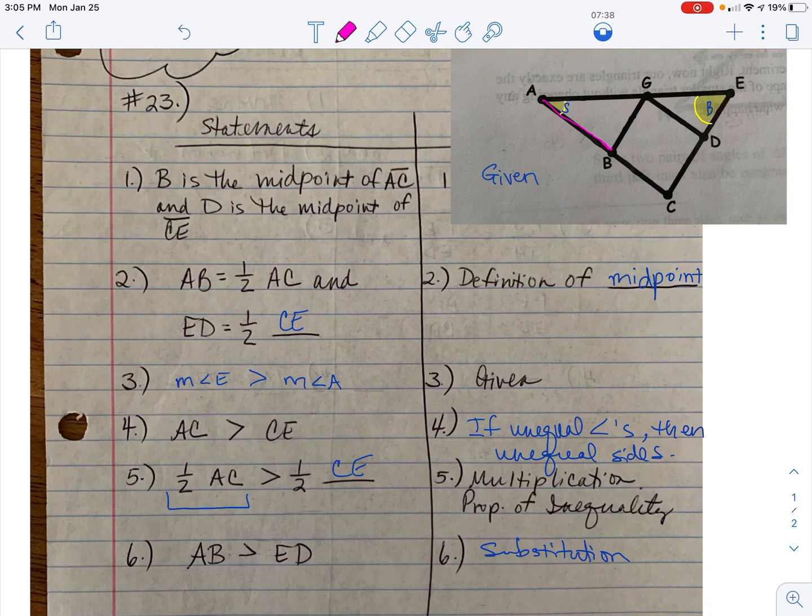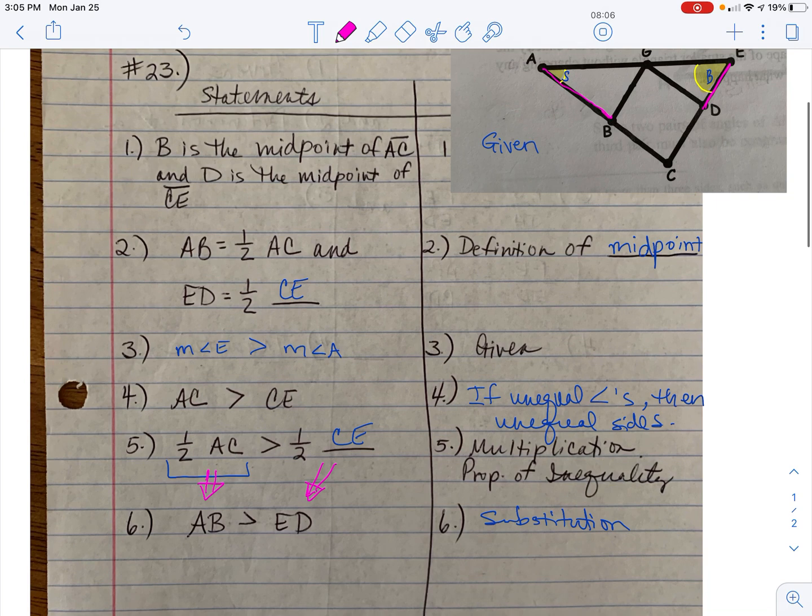So AB is half of AC, and what's half of CE? Half of CE is ED. So look, instead of writing half of AC, in step 6, I'm going to call half of AC, AB. And in number 6, I'm going to call half of CE, ED. Okay, so that is just substituting because I'm just calling the same thing by 2 different names.